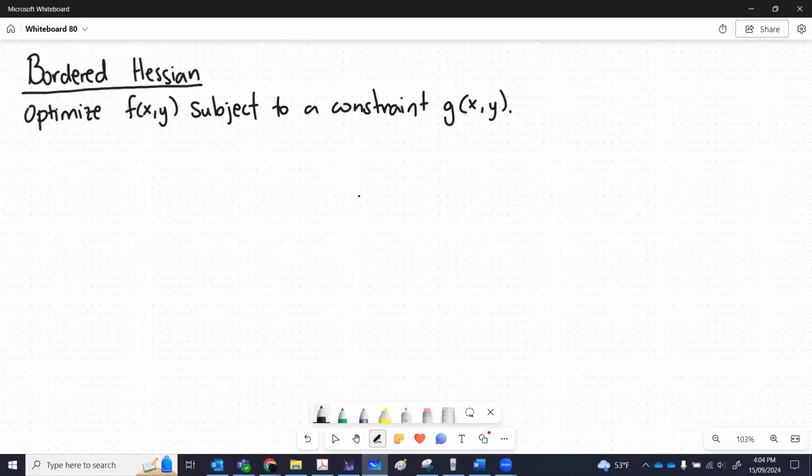And then the last part of this chapter is what we call the bordered Hessian determinant. So here, what you will have is a function which depends on x and y that you want to optimize, but there is a constraint, and this constraint is another function, g.